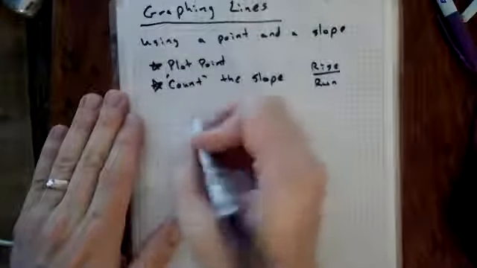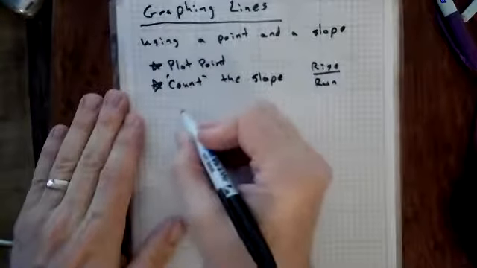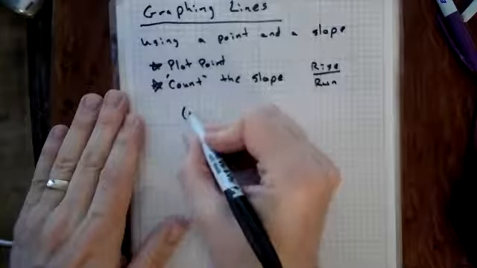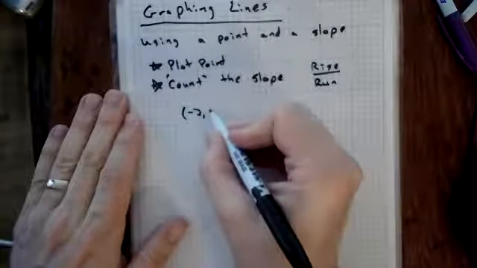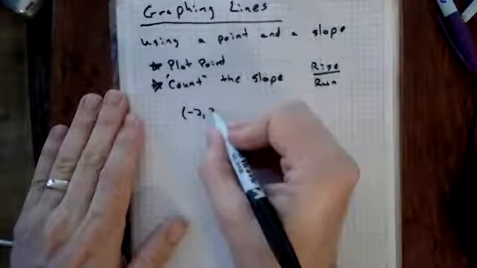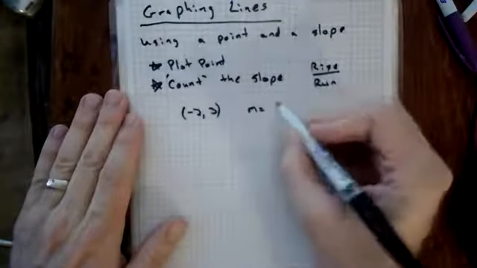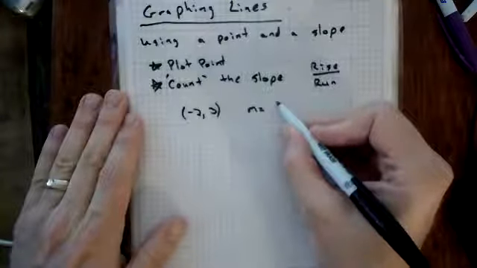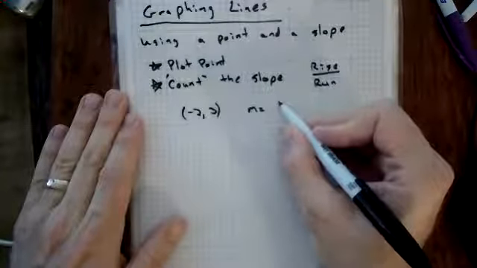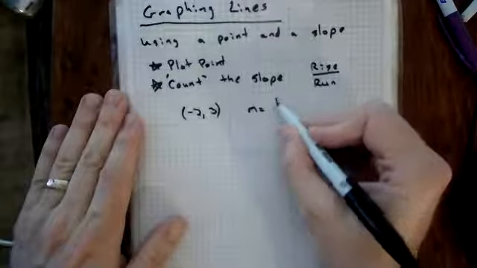So let's take an example. I'm going to do a point through -2, 3. And I'll say that we've got a slope of 1/2.